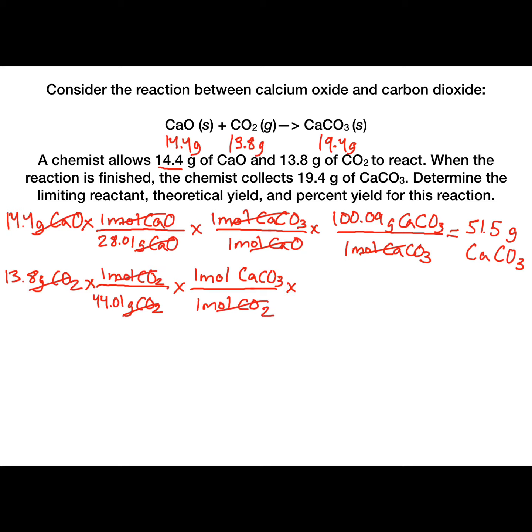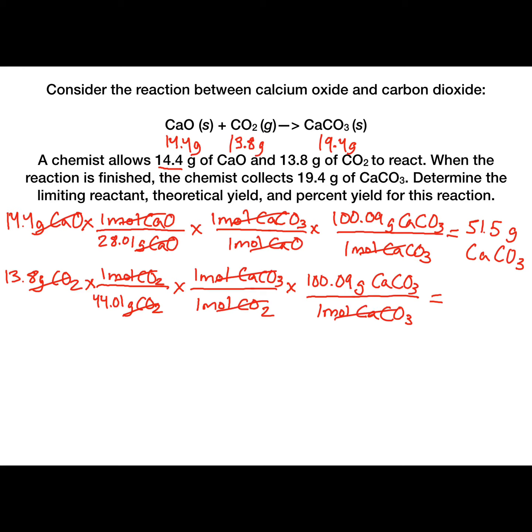Okay, next we need to change this into grams. So we can use our same ratio as we did before. So for every 1 mole of calcium carbonate, there's 100.09 grams. So we have 100.09 grams of our calcium carbonate over 1 mole of calcium carbonate.